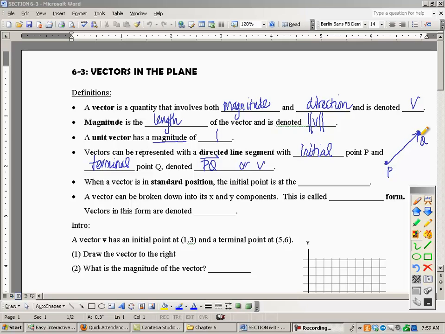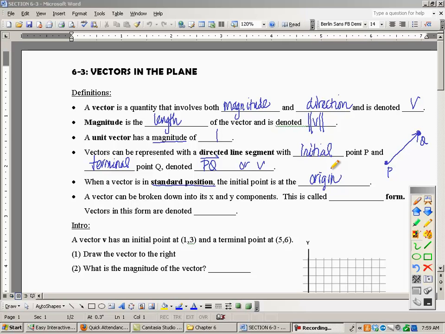A lot of times we're going to put our vector in what we call standard position, and standard position means that you start with your initial point at the origin. We do that most often in order to find the direction, or the angle, that this vector is going, because it's easier to work when your base point is at 0, 0. A vector can be broken down into its x and y components.